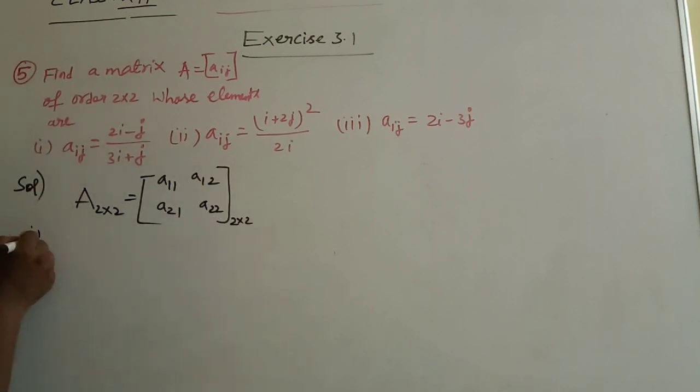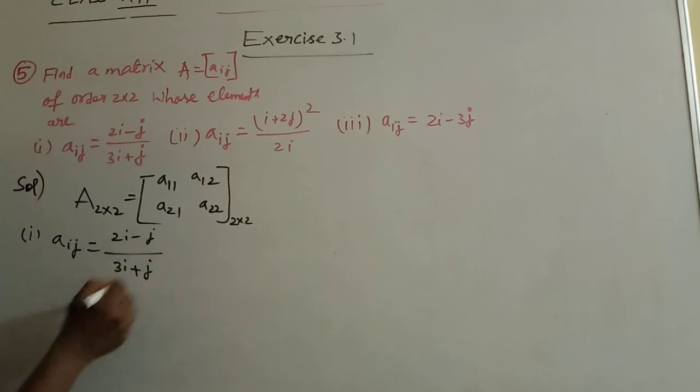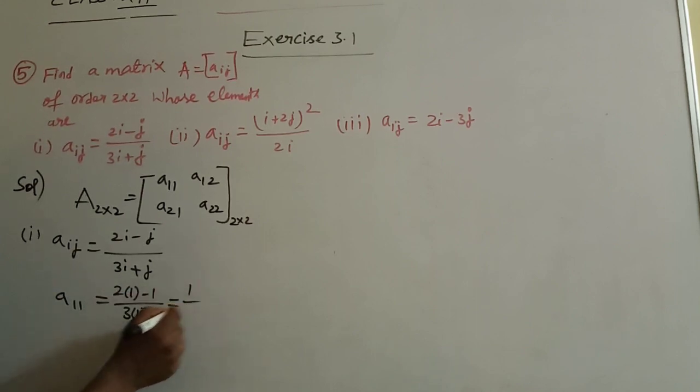With the first one, aij = (2i - j)/(3i + j). First a11: wherever i is there, put 1, and j is also 1. That gives (2 into 1 minus 1) upon (3 into 1 plus 1). That means 2 minus 1 is 1, and 3 plus 1 is 4.